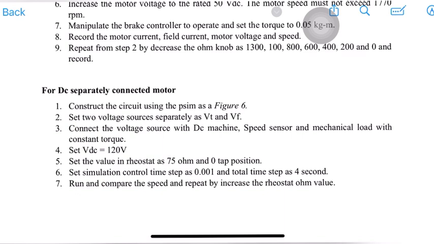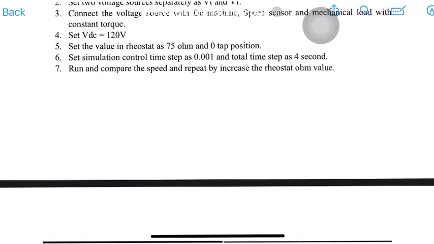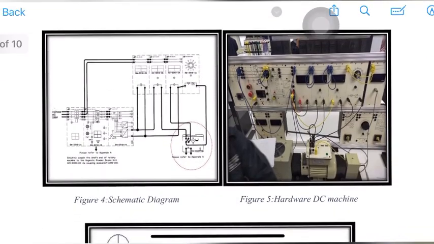Number 4 is to set the VDC equal to 120 volts. Set the rheostat value as 75 ohm and 0 tap position. Set the simulation control time step to 0.001 and total time to 4 seconds. Lastly, run and compare the speed, and repeat by increasing the rheostat ohm value.